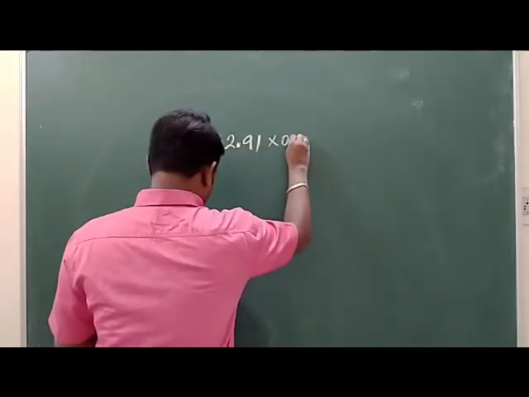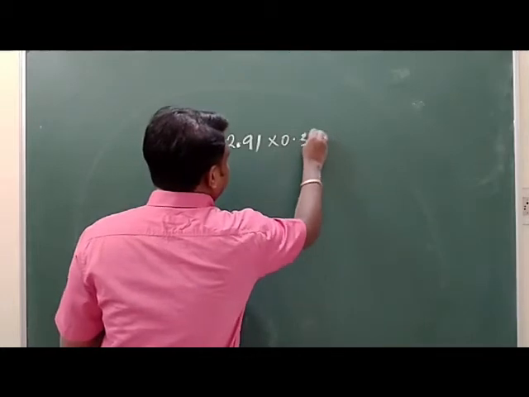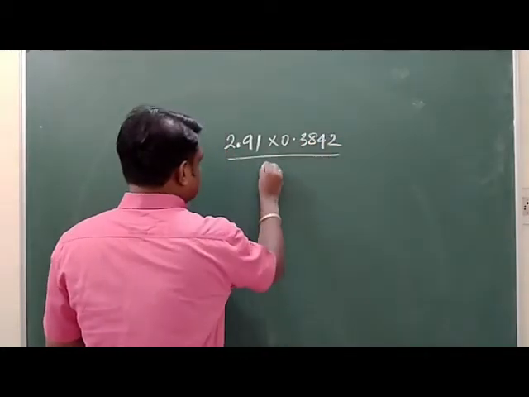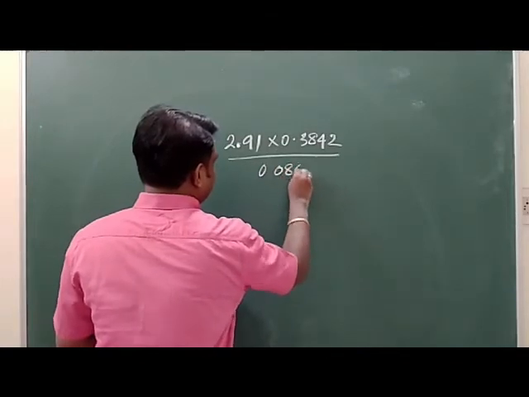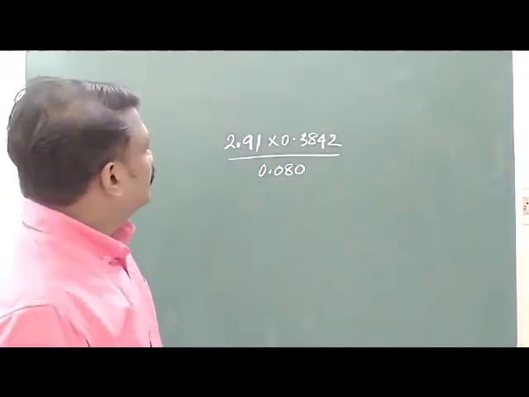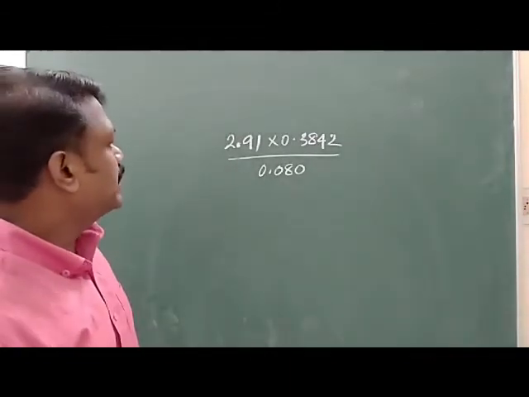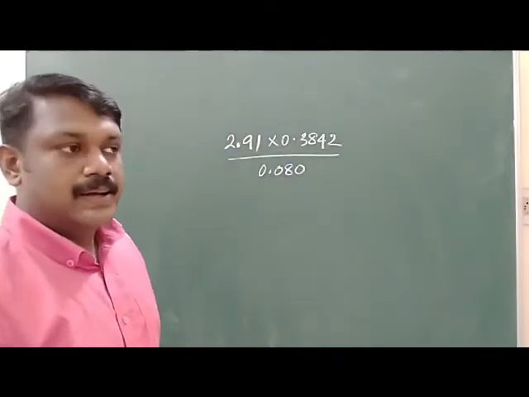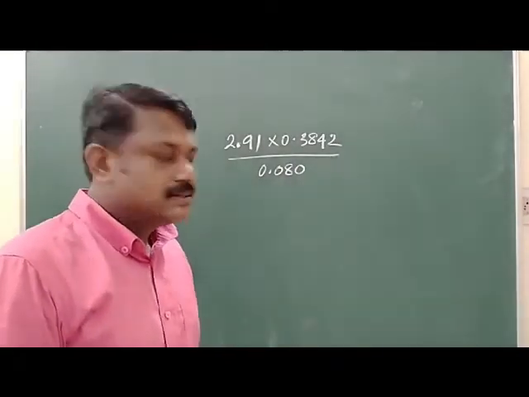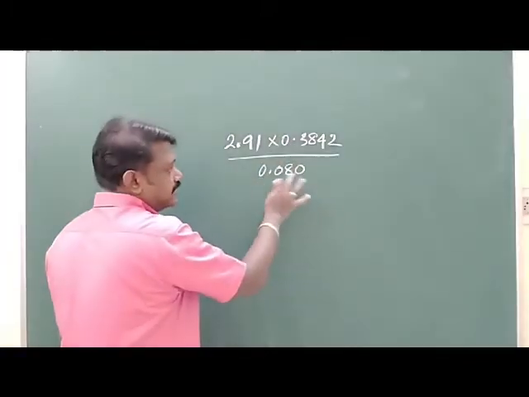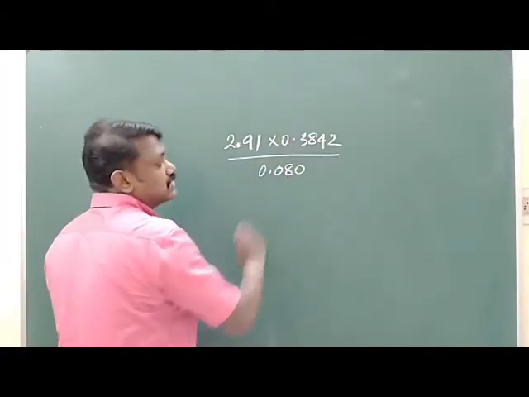So how many significant figures should the final answer carry? This has 1, 2, 3, 4 significant figures, and here only 2 significant figures.